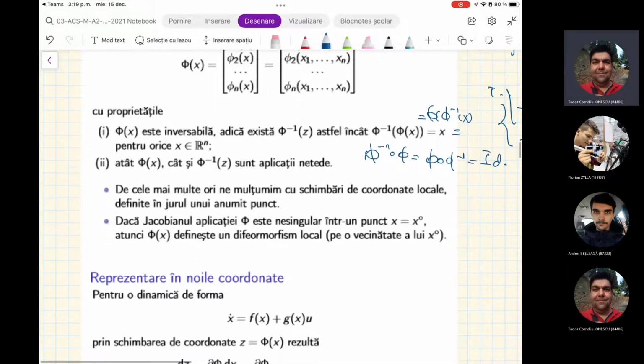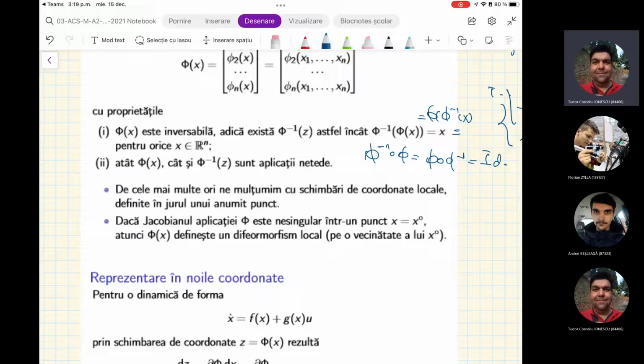This is what you assume. In the linear case, T invertible implies automatically that it is also a function, a mapping invertibility.